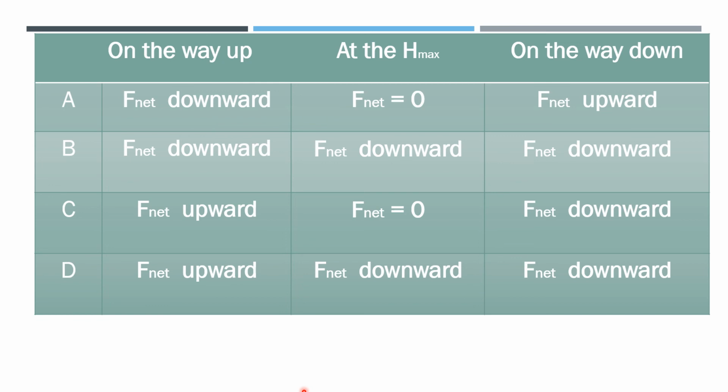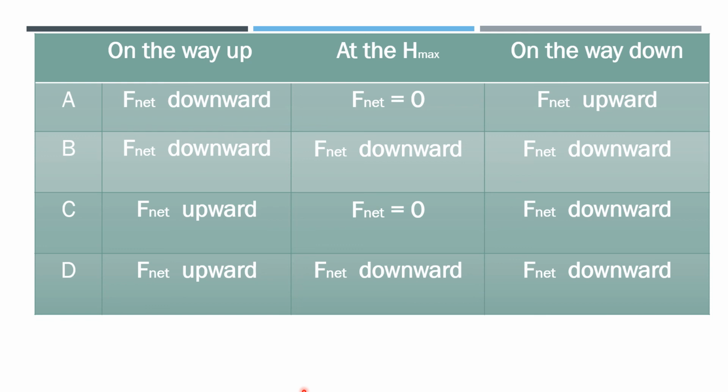At the maximum point, the F net is 0. And on its way down, the F net is directed upward. For letter B, on the way up, the F net is directed downward. At the top of the maximum height, the F net is downward. And on the way down, the F net is downward.